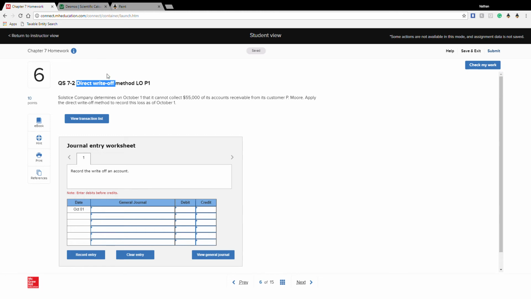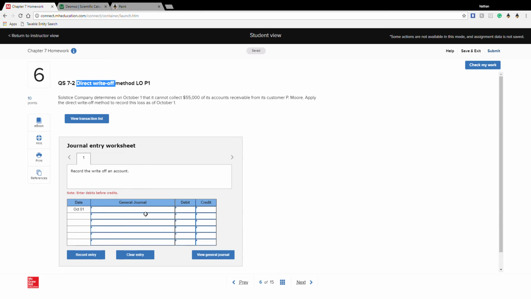So with our company right here, the James Bond movie company Solstice determines on October 1st that it cannot collect $55,000 of its accounts receivable from its customer P. Moore, and applied the direct write-off method to record the loss of October 1st.